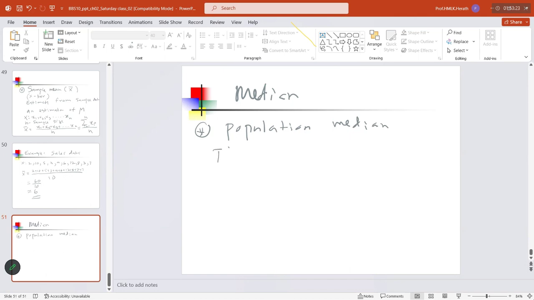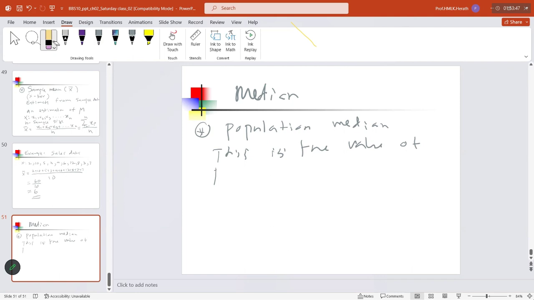This is the value of population data right at the middle of the ordered population data.